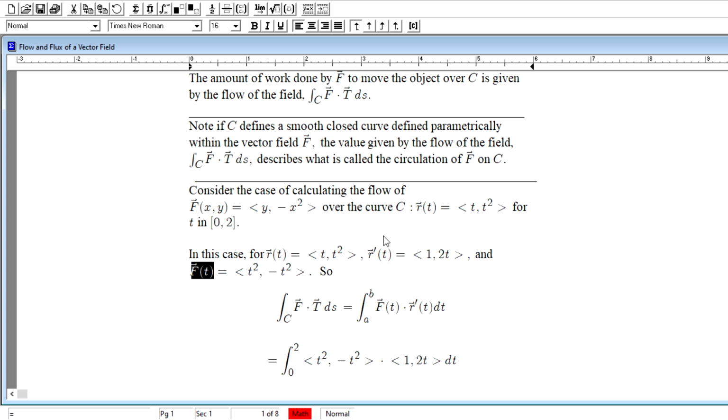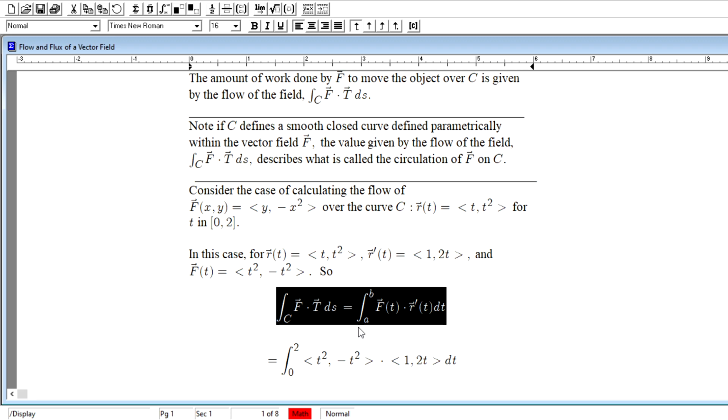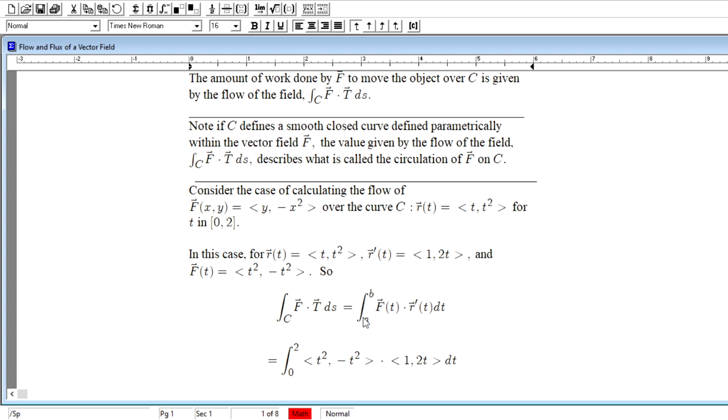Now with f bar of t and r bar prime of t, when I go to calculate the linear integral describing flow here of the field over that curve C, I am just going to be integrating from a to b, 0 to 2, the dot product of this vector in terms of t with this vector in terms of t, and integrating that all with respect to t from a to b.